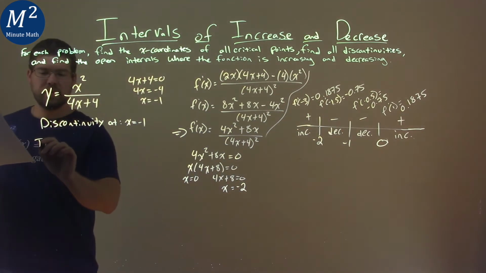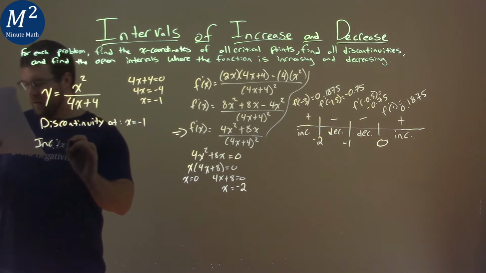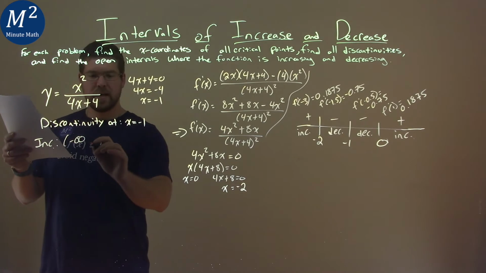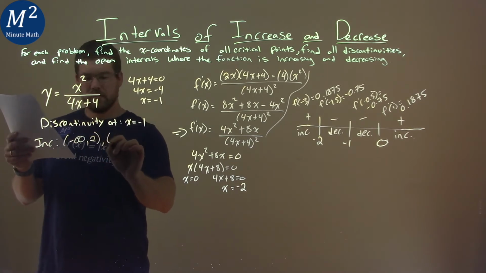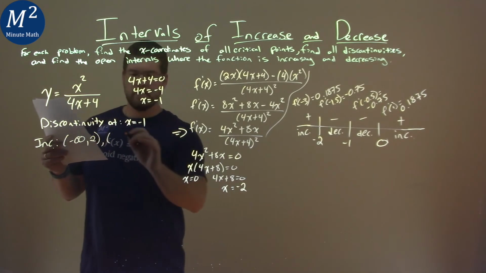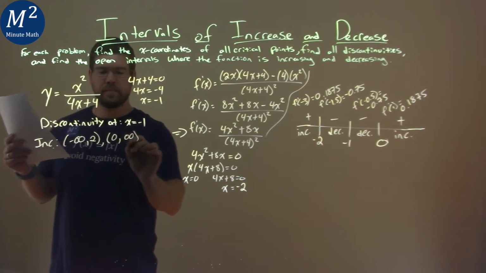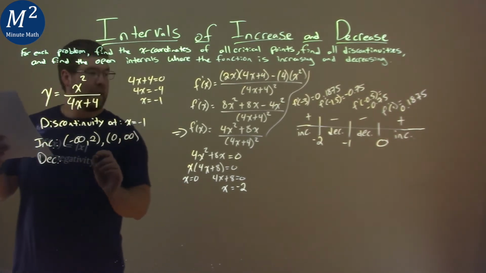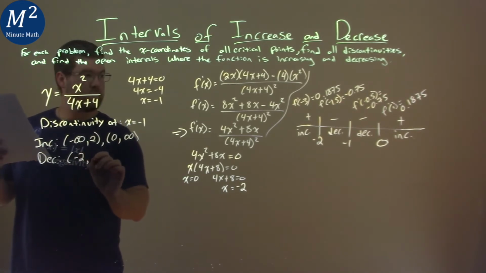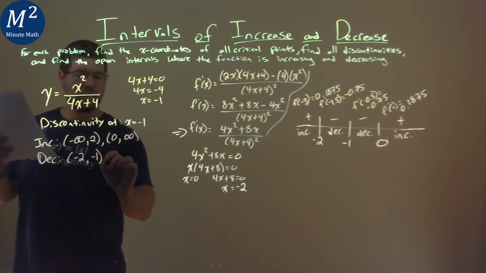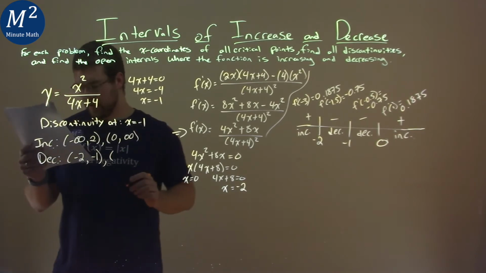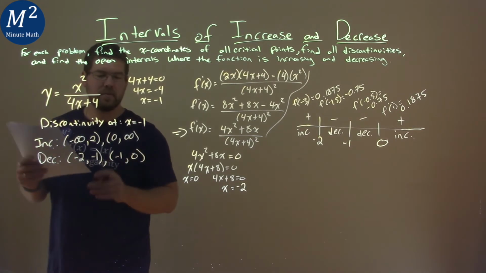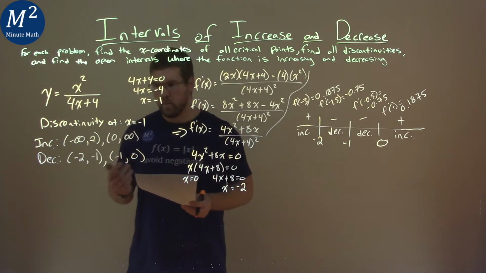We're increasing here from -infinity to -2, and from 0 to positive infinity. We're decreasing here from -2 to -1. We have a discontinuity there, so we have to make a little break. And then we're decreasing from -1 to 0, and again, parentheses, we're not decreasing at -1.